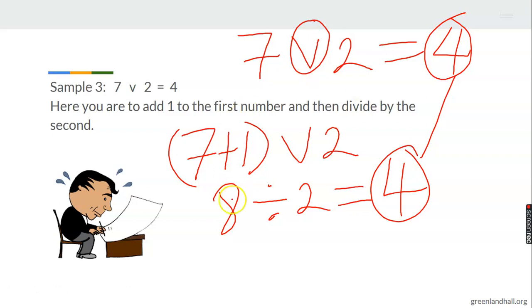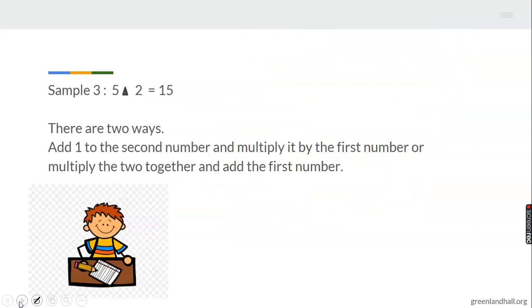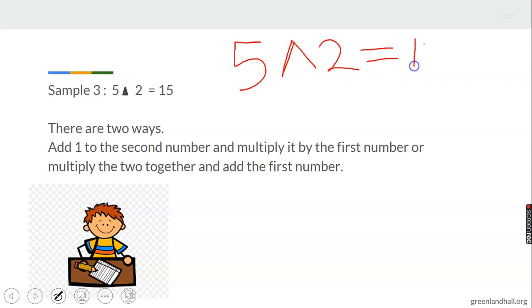Beautiful. So let's go to the next one. I told you it's going to be interesting and fun all the way. Now look at this. This is like up V. The other one we did was down V. We have 5, I call it my up V, 2 equals 15. Now this sign is quite different from the other sign.